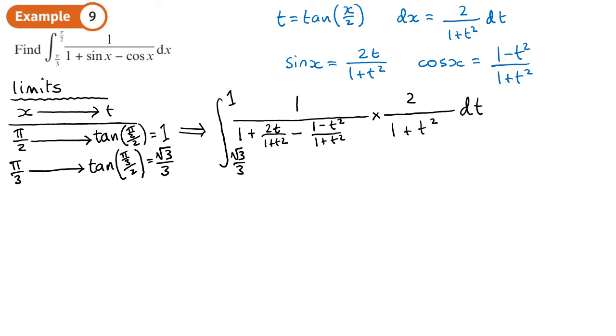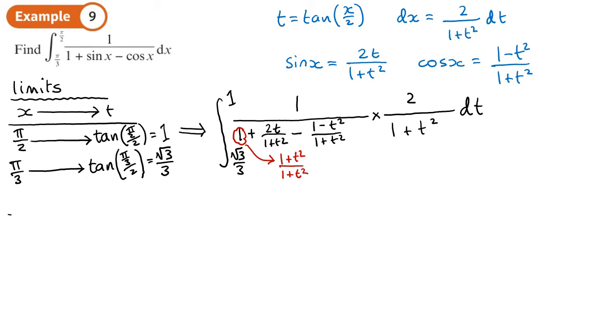Now if I was doing this question, the first thing I would do is to write this so it's got the same denominator as these, so they can all go together. So I would take that 1 and I'd write it as 1 plus t squared over 1 plus t squared.